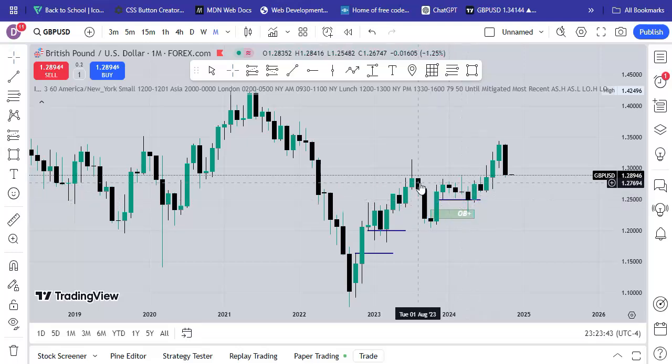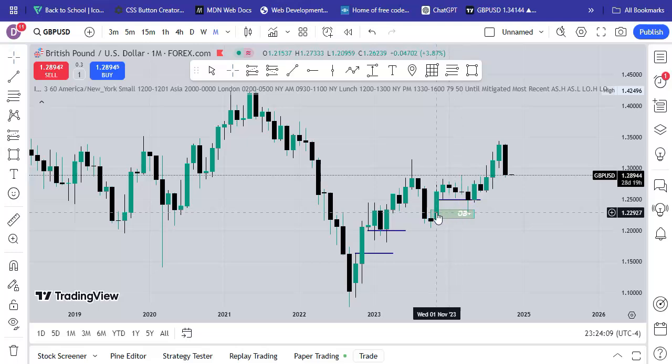So here we quickly saw that for the month of April, price retraced into the fair value gap, which is also an optimal trade entry position. That's the 69% level and the 71% level, or sorry, 79% level of the Fibonacci retracement tool.